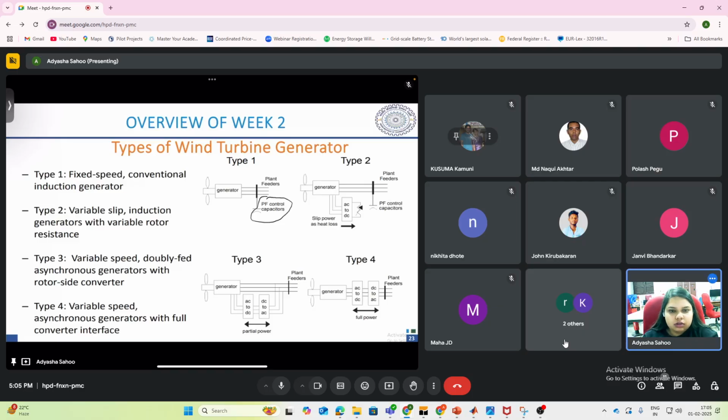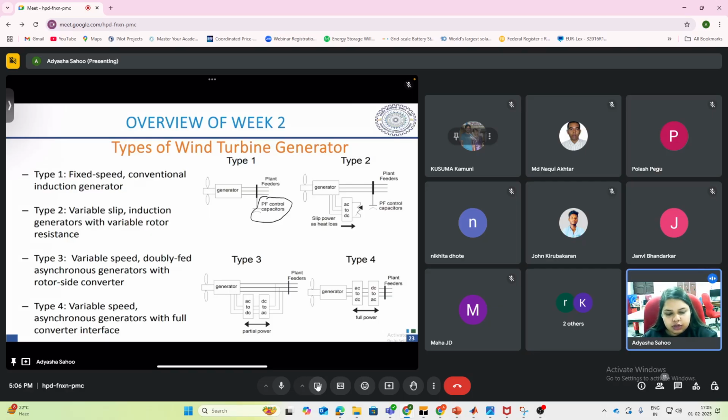Anyone? These we are basically using for power factor correction at the interconnection point.